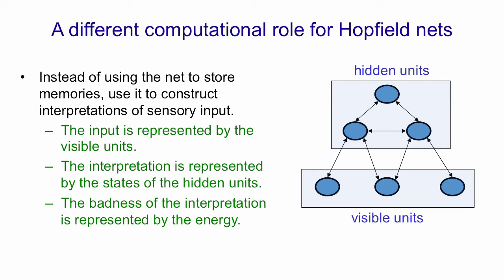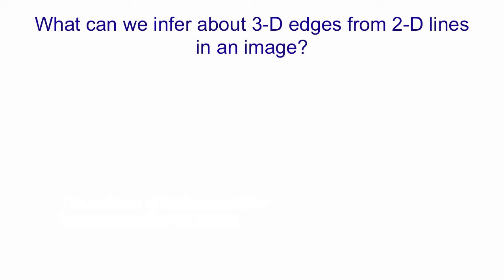So to get good interpretations according to our current model of the world, which is in the energy function, we need to find low energy states of the hidden units, given the input represented by the visible units.